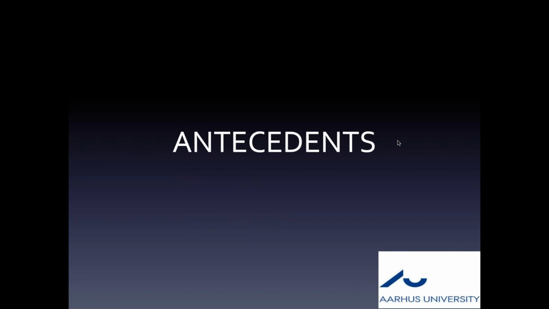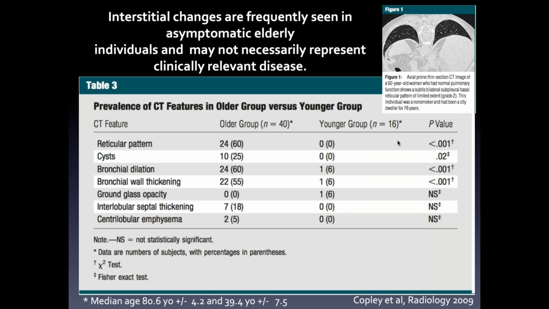We have some papers documenting that in so-called healthy people, we can detect interstitial lung abnormalities by CT scan, and the most famous paper was by the Brompton Hospital Group, Copley, in 2009.